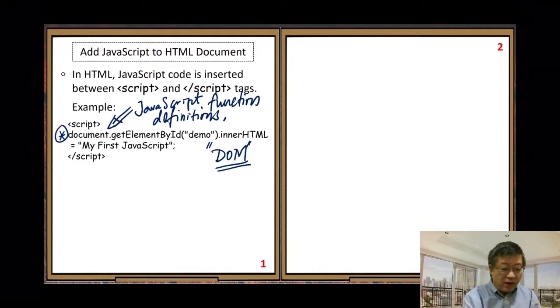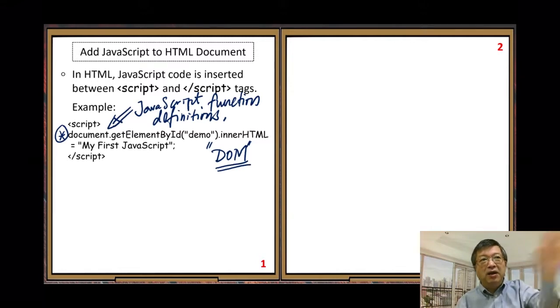Then this method, getElementById. From the name, you know the meaning, right? We want to get control of some element. But how to get control? You use this method of the document object, getElementById.